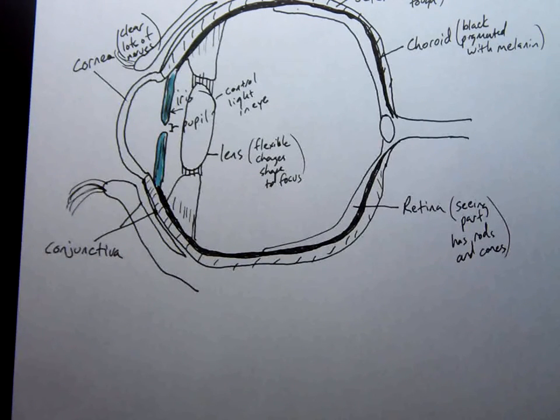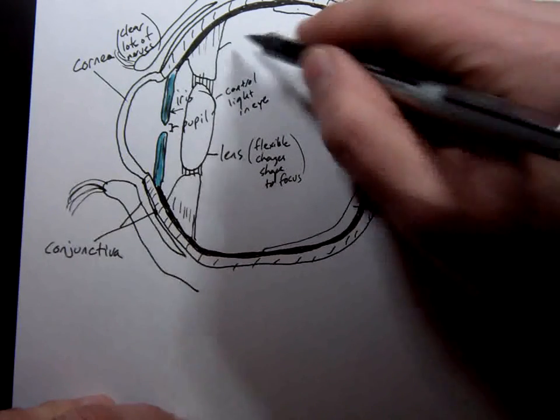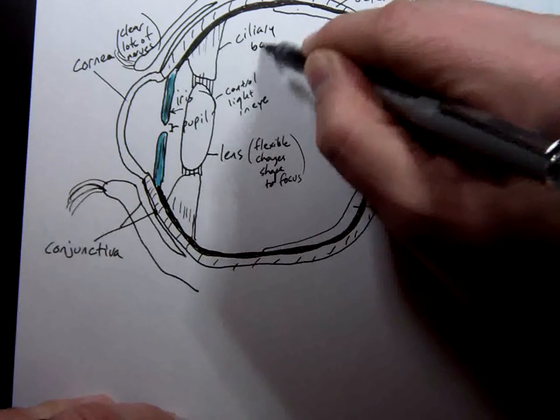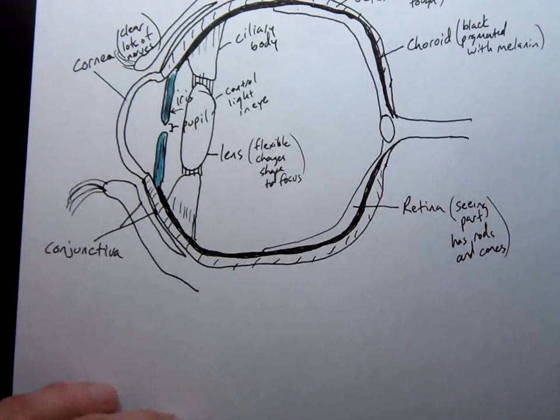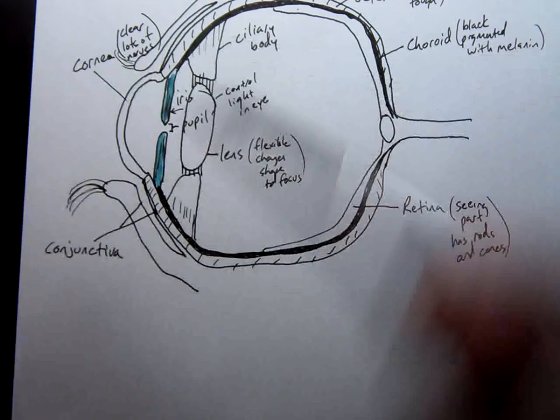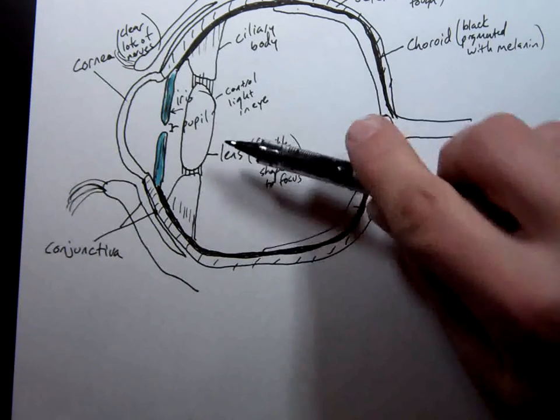It is attached to these little ligaments and these muscles right here. This muscle is called a ciliary body. The ciliary body is going to contract and it's going to change the shape of the lens, so you can see things that are up close and far away.